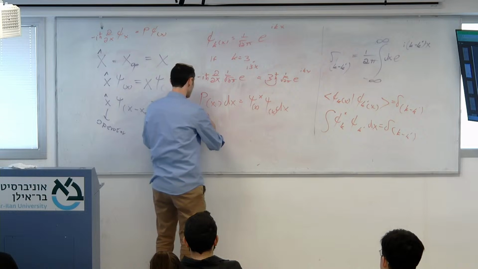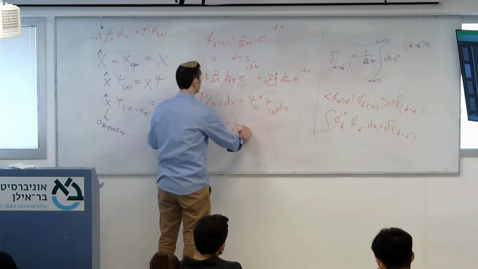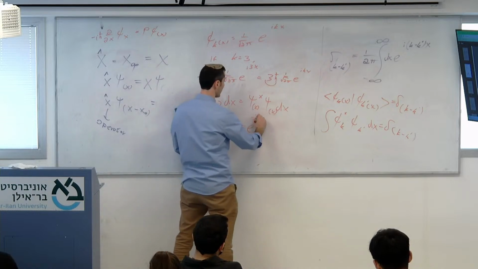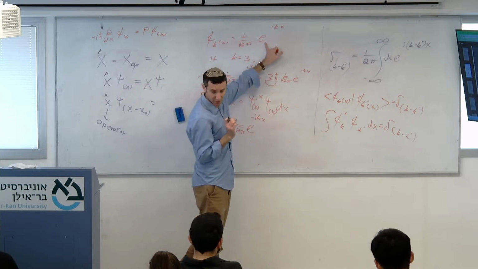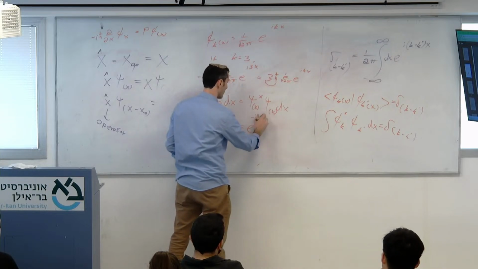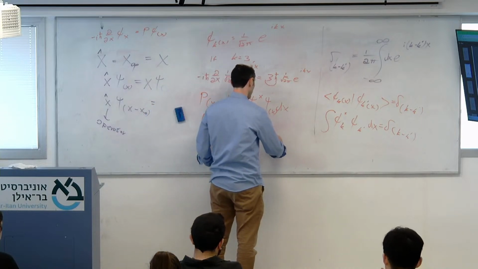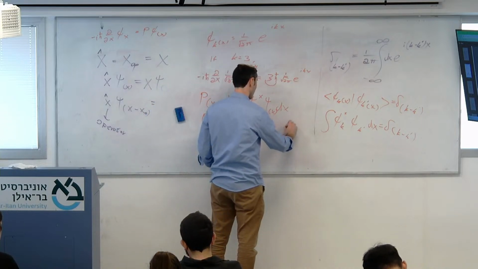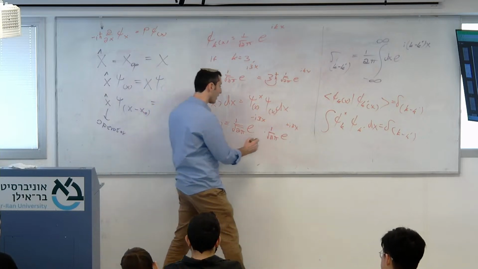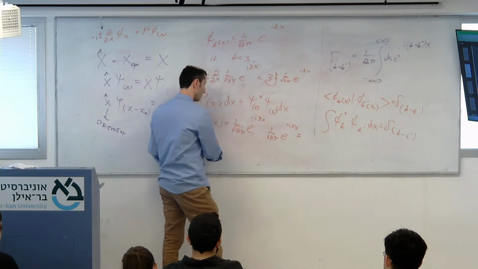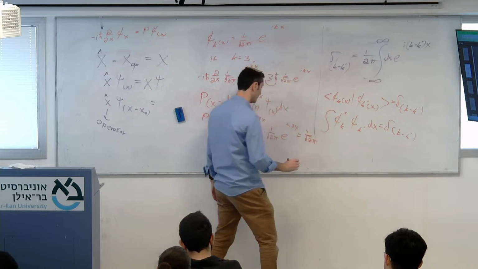So my p of x is 1 over square root of 2 pi times e to the minus i kx, and now with one specific k, it's 3. Minus i 3x times 1 over square root of 2 pi e to the plus i 3x. So now what is my location? 1 over 2 pi, square.